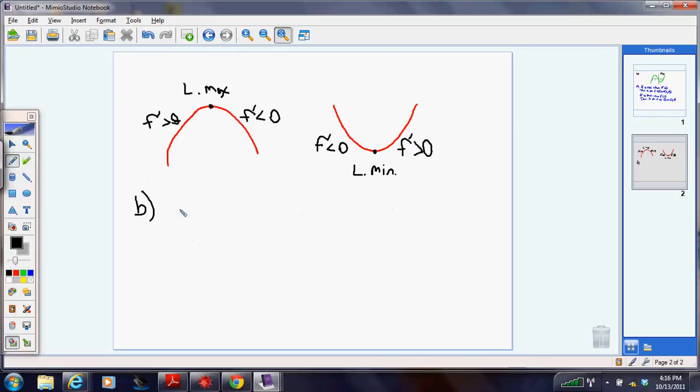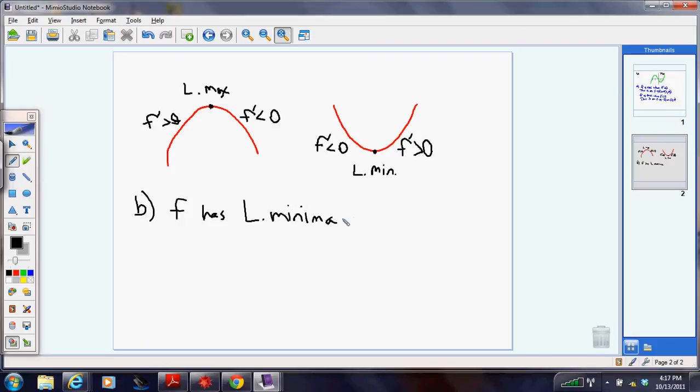So let me write that down here. We have 2 local minima. The plural of minimum is minima. In Latin, the a at the end is plural and um is singular.